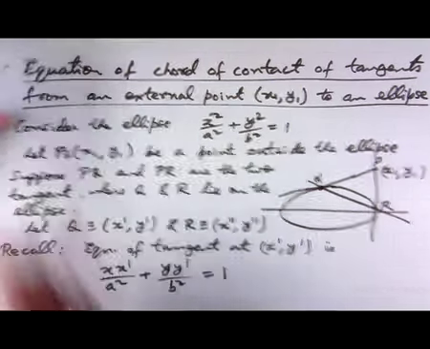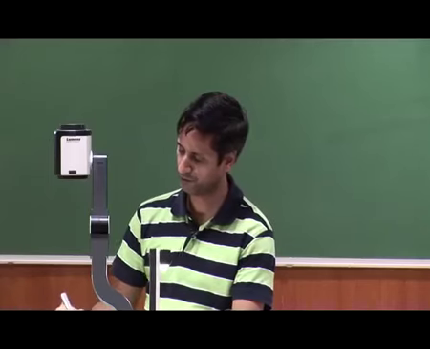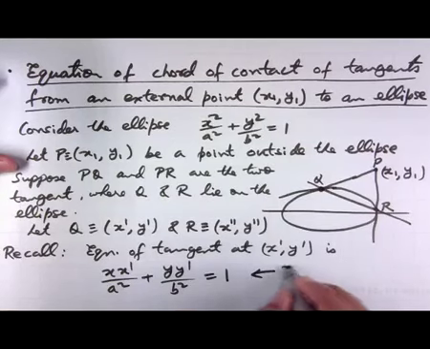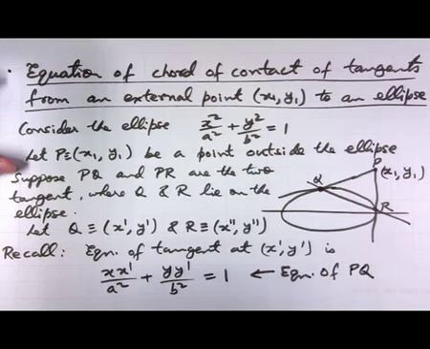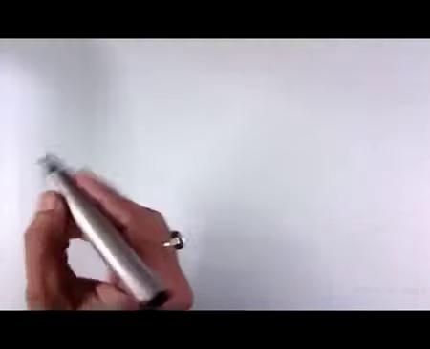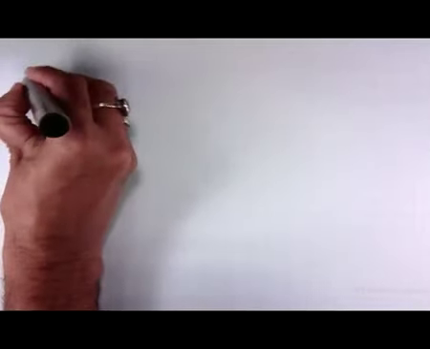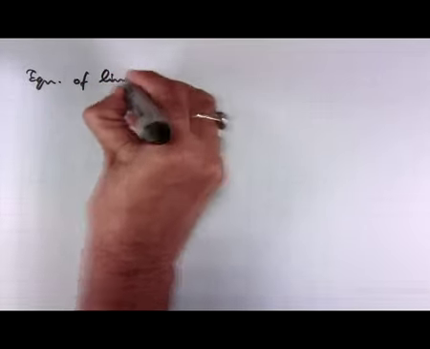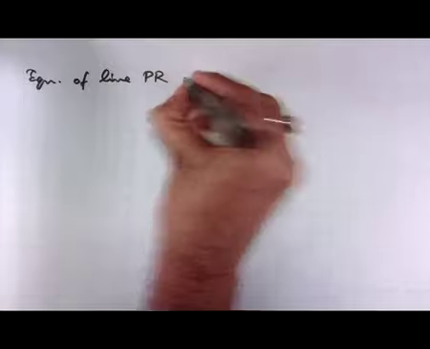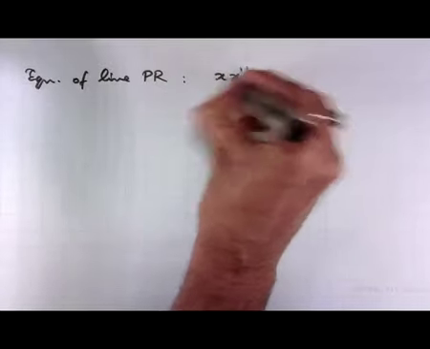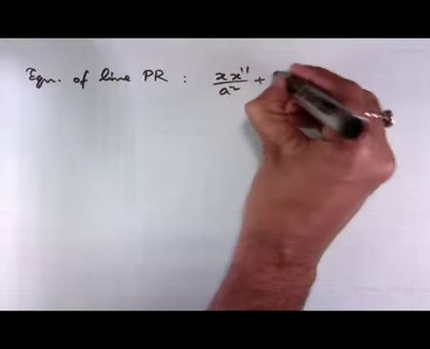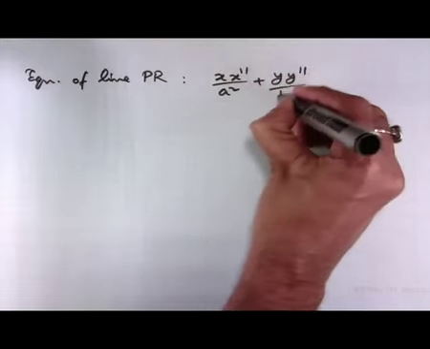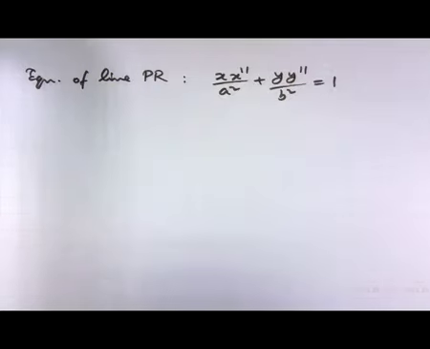So, in this case this will be the equation of line PQ, and similarly the equation of line PR is x x'' by a square plus y y'' by b square equal to 1. So, these are the equations of the lines PQ and PR.